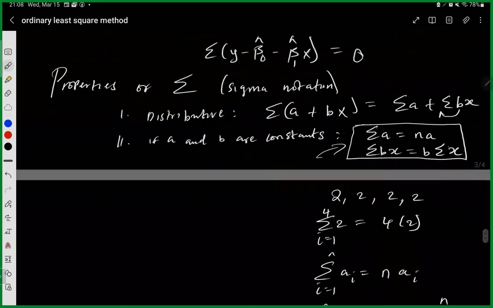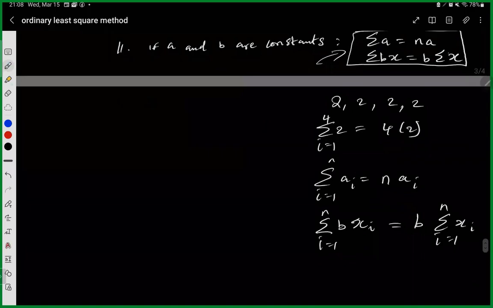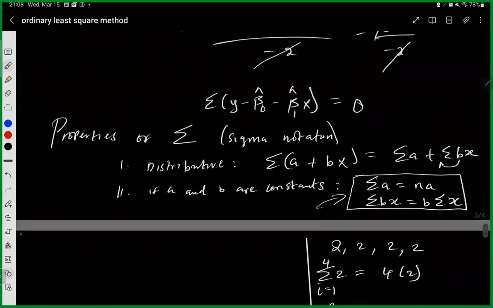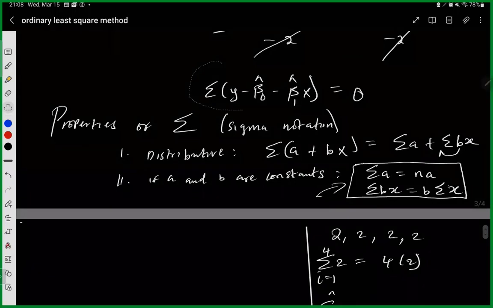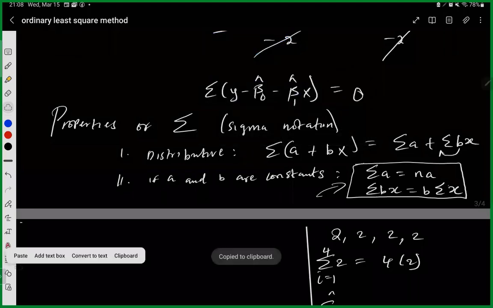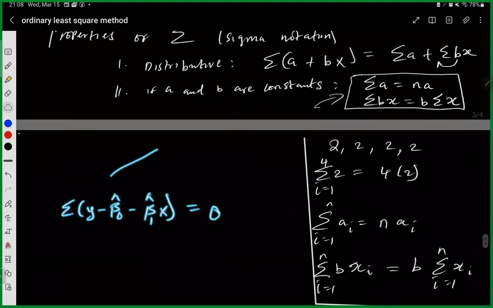So now, what is the implication here? From what we have at this point, the first thing is that sigma is distributive.